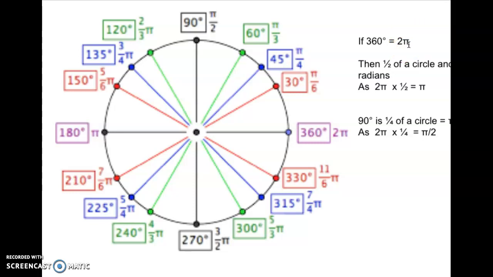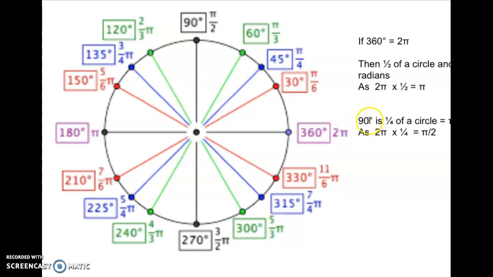So for example, 180 degrees, which is over here, is half a circle, right? So if 2 pi is 360, 2 pi times a half equals pi. And that's what 180 is equal to.